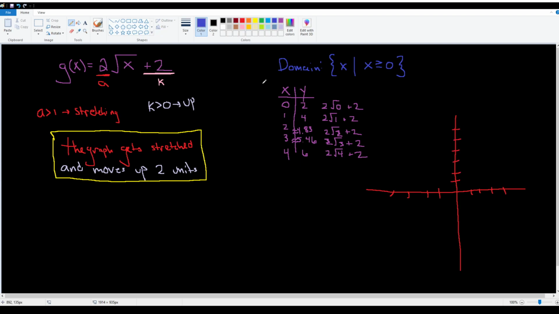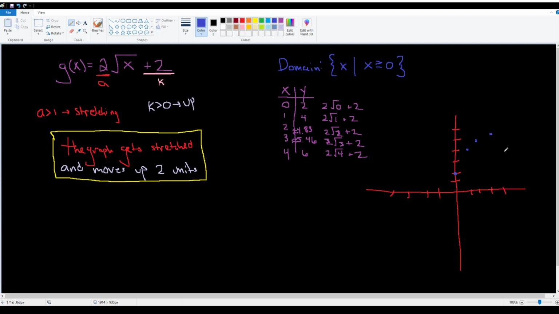So I take my points here. I have the point (0, 2), which is right here. (1, 4). (2, 4.8), which is almost 3, but not exactly 3. (3, 5.6), which is approximately right here.